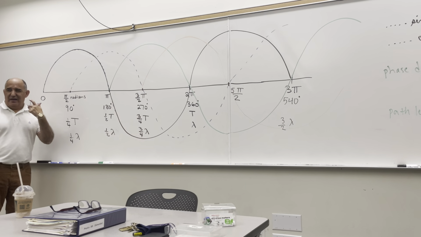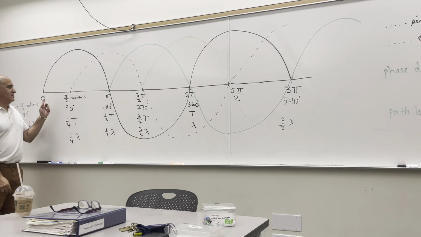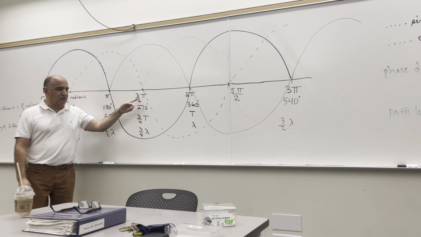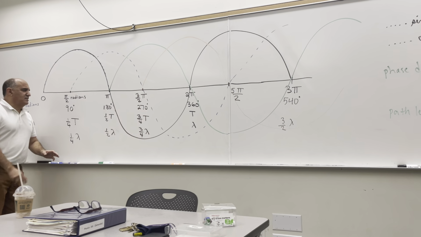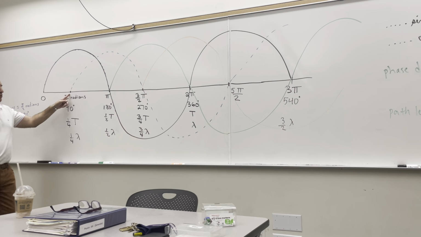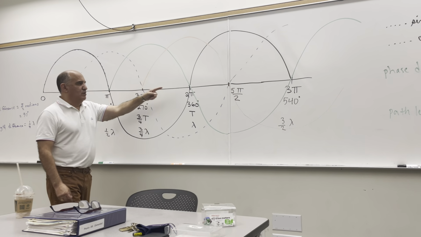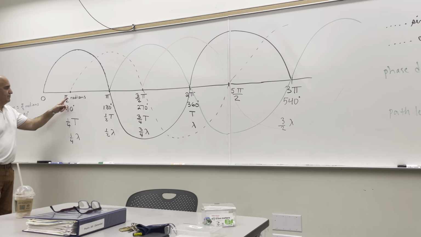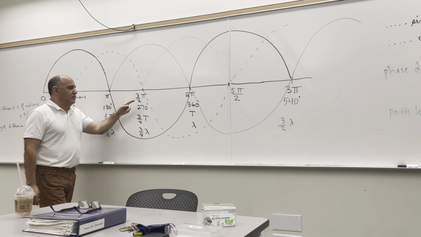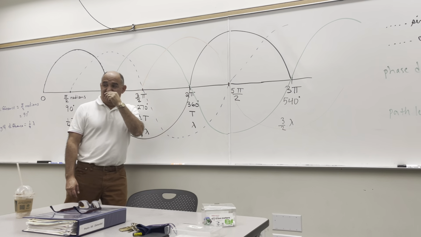In radians, I'm a little bit slower: pi/2, pi, 3/2 pi, and 2 pi. Distances, I'm pretty quick: 1/4 of a wavelength, 1/2 a wavelength, 3/4, 1 full wavelength. The period is just like the wavelength, so 1/4 of a period, 1/2 a period, 3/4 of the period, 1 full period.